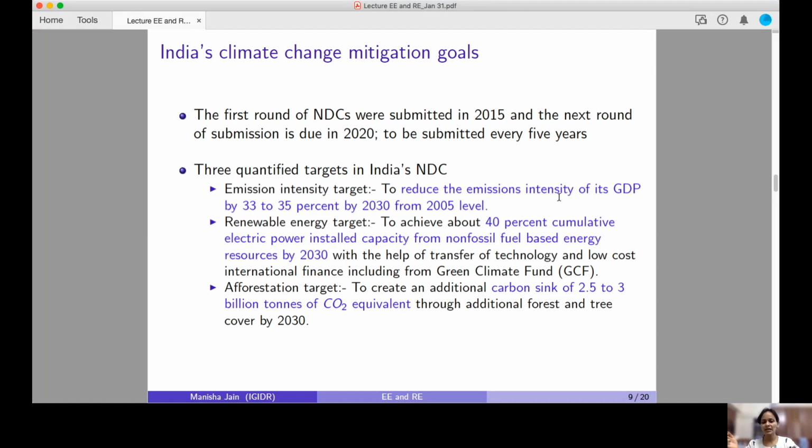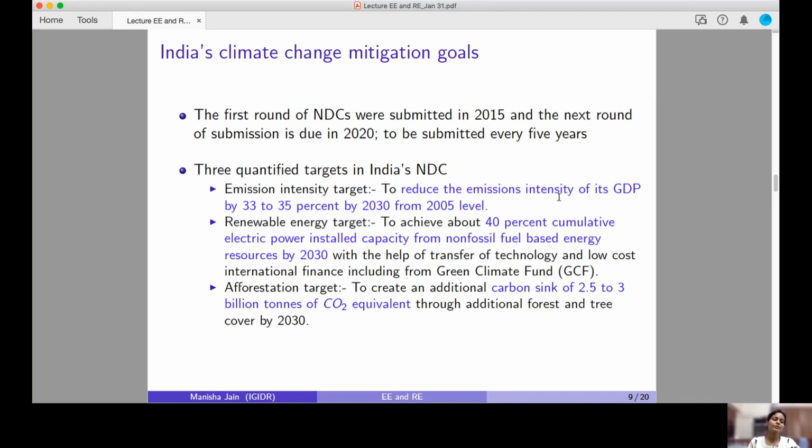Now carbon dioxide and methane cannot be added together in their physical quantities. So the equivalent of methane is calculated, in the sense of its warming capacity. Global warming potential is the term used to calculate the CO2 equivalent of a given quantity of methane. For example, one ton of methane is equal to 21 tons of carbon dioxide. That's the conversion that's used.